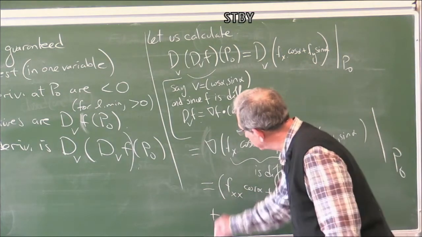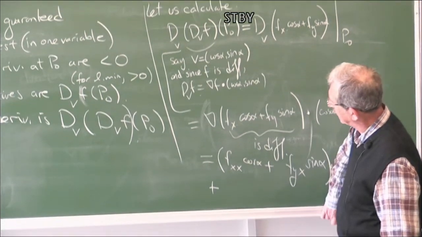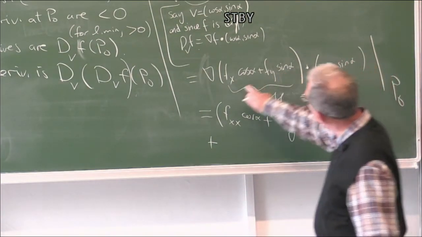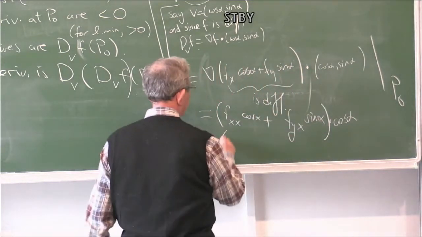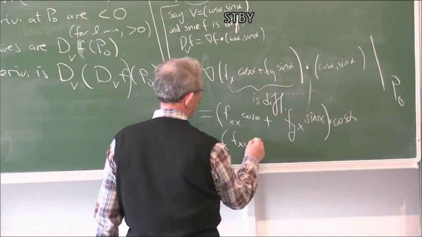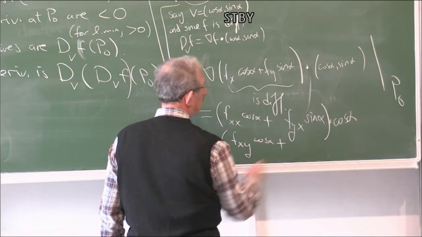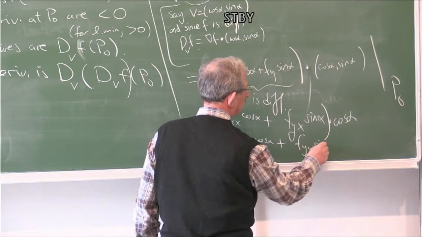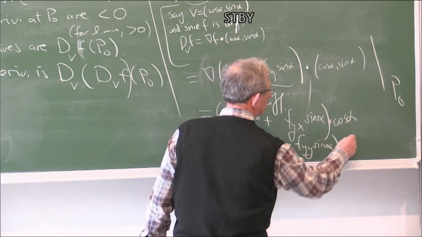Plus, now the derivative with respect to y of this expression, it is f_xy, okay, cosine alpha, plus f_yy sine alpha times sine alpha.